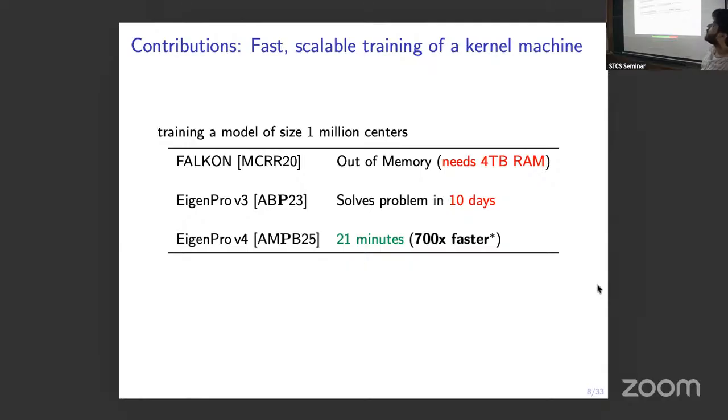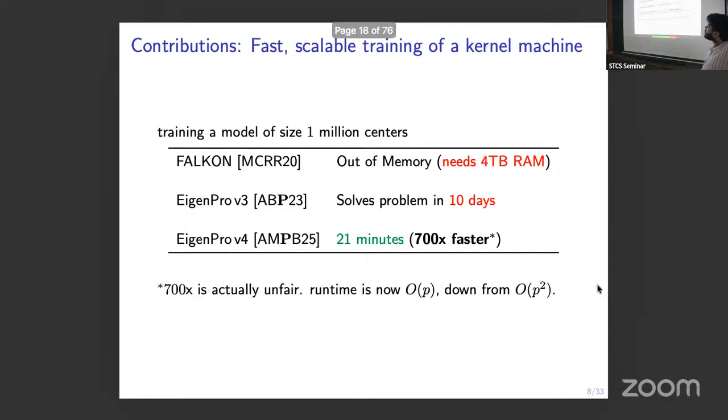In the ICML 2023 paper, we proposed this EigenPro version 3 algorithm, which was able to solve this in 10 days, using a very small amount of RAM. And then we realized that we're doing something very stupid. And so in NeurIPS 2025, we had another paper which finds the same solution that EigenPro version 3 finds, but in 21 minutes. So this is some careful engineering work that allows us to cut costs quite drastically.